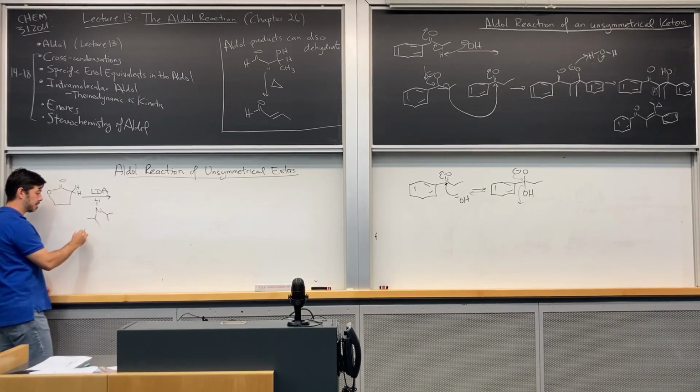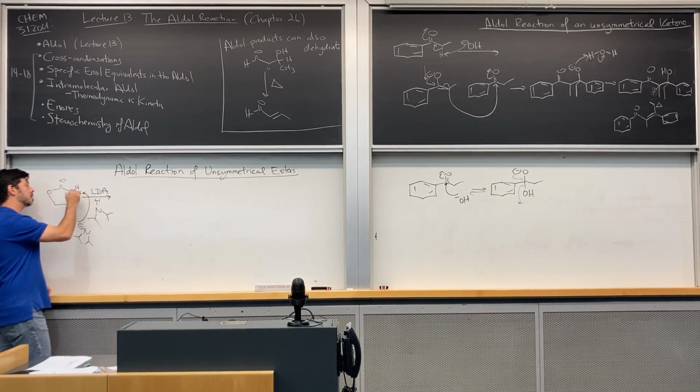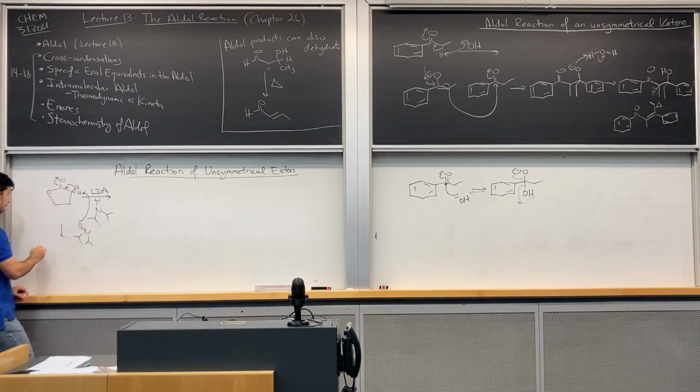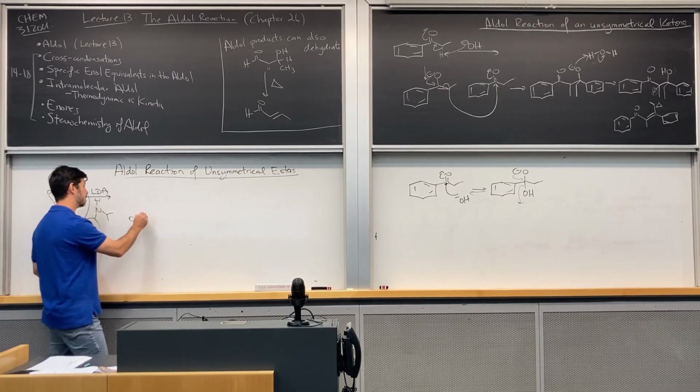You can think of this again like N-. And what this will do is pick up the proton and form the enolate. Once this enolate's formed, it can come and react with another molecule of itself.